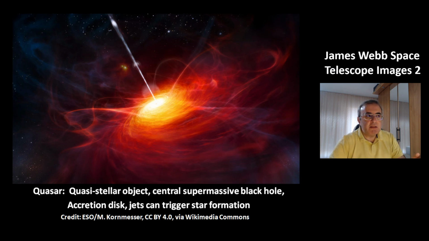The material is heated up due to friction, and that's why it's so bright. Some of the material falls into the black hole, but other parts are ejected with jets out of the black hole. And if the jets hit gas clouds further away, then they can trigger star formation.